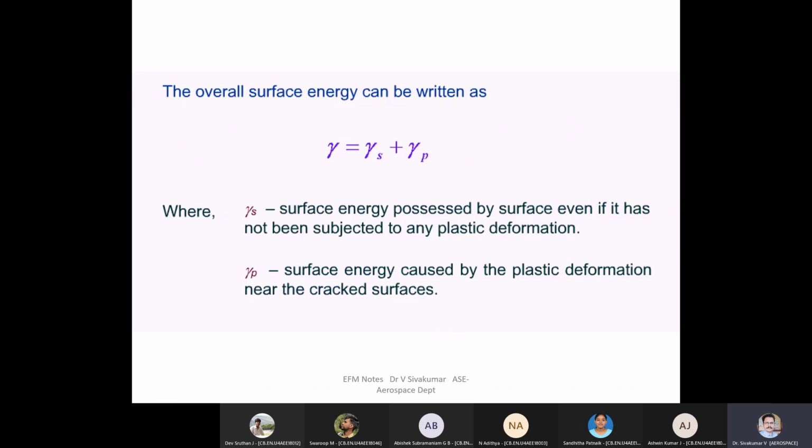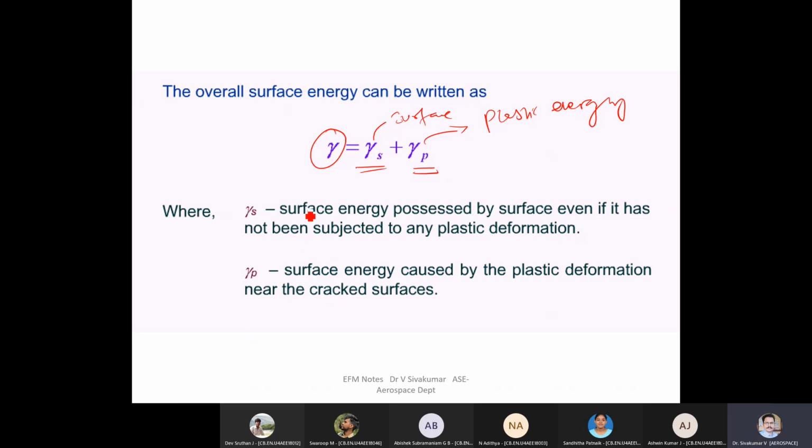So the overall surface energy can be written as follows. Griffith said only surface energy, but now Orowan is talking about plastic energy. So the total energy is surface energy plus plastic energy.